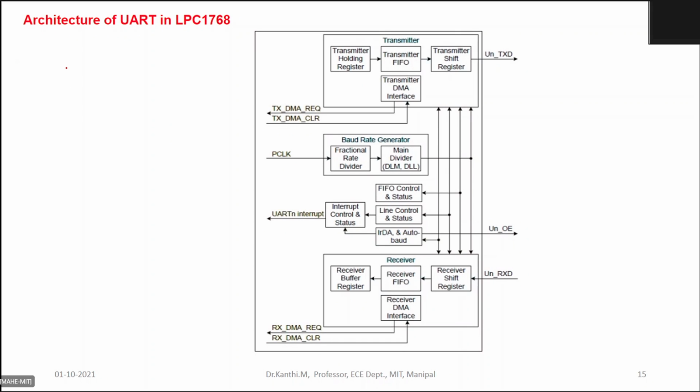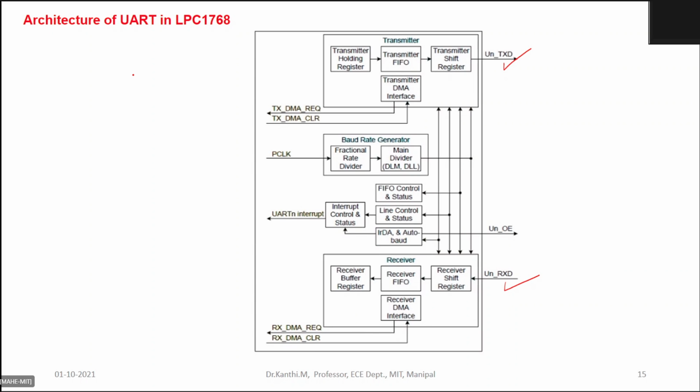Coming to the UART architecture of the LPC1768, you can see here we have a transmitter block and a receiver block. The transmitter block is connected to your TXD pin and the receiver block is connected to the RXD pin.